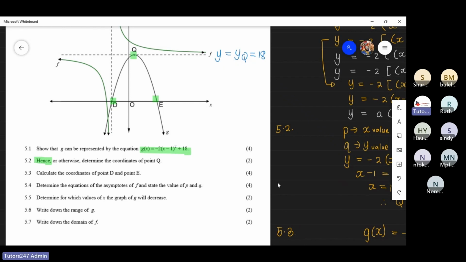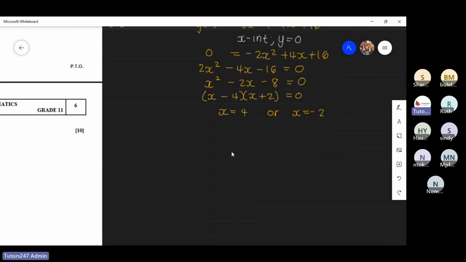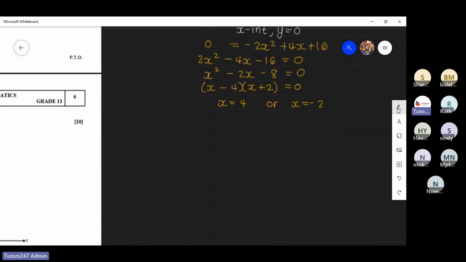So let's start with point D. We've stated that point D is going to get the negative value. So that means point D is going to have the value -2 and 0. Keep in mind we use 0 because it is a y-intercept.